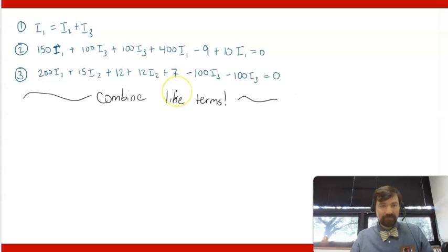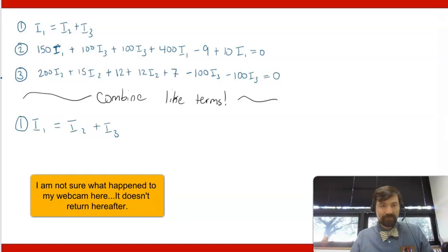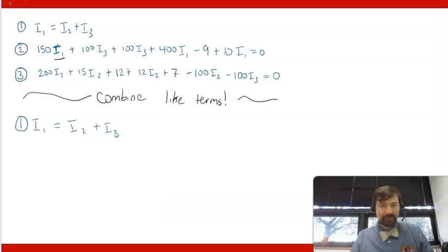So at this point, we would want to combine like terms. And so our equations would now look like this. The top one, once again, doesn't really change from before. But in equation 2, I have an I1 term here, an I1 term here, and an I1 term here.